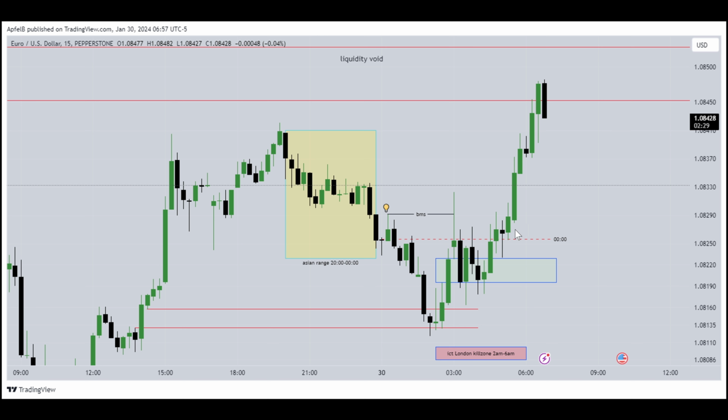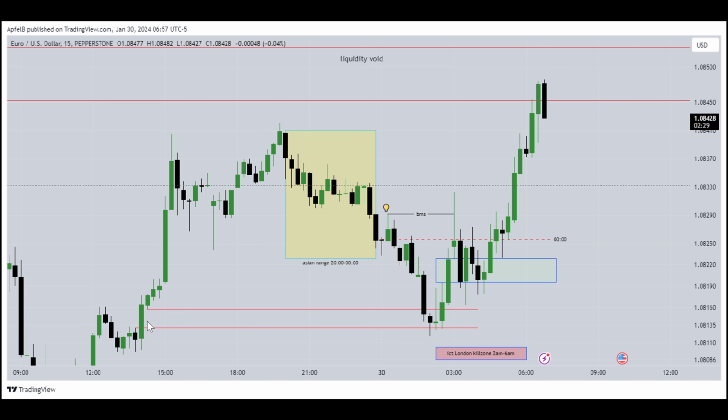Since we are below the 00 hours market open, we aim to sell at a much higher price. So we see the market goes down into this inefficiency here.